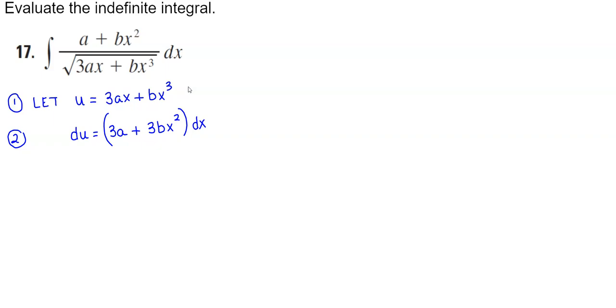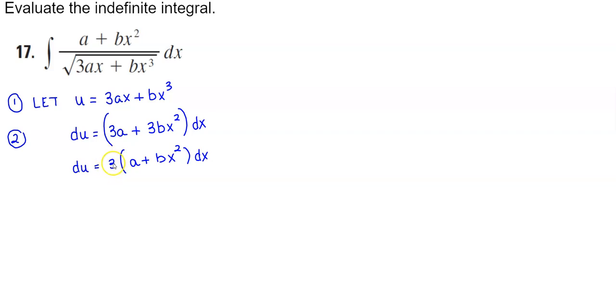Okay. Now, if you notice, what's in the numerator? We have a plus bx squared times dx. Well, we almost have that here. The only thing is that we have to factor out the 3. So this becomes du, which is going to equal 3 times (a plus bx squared) dx. And now you can see that this represents what we see in the numerator.